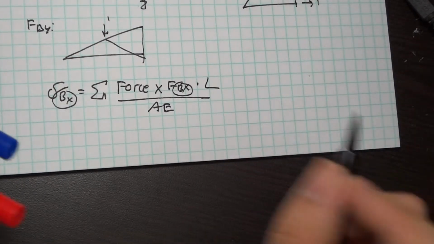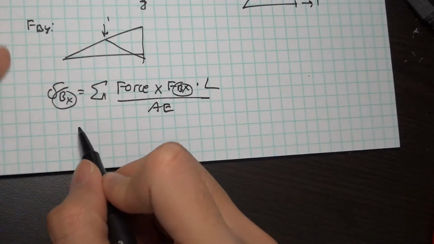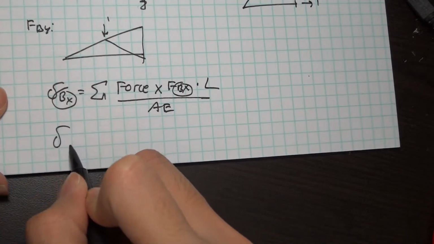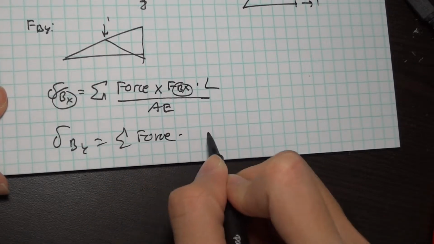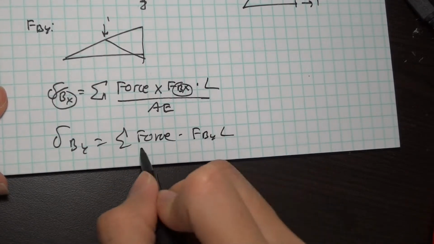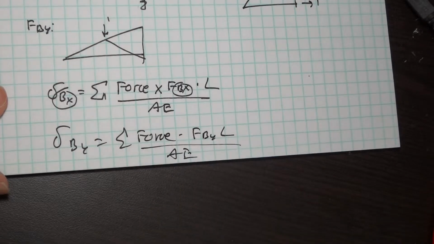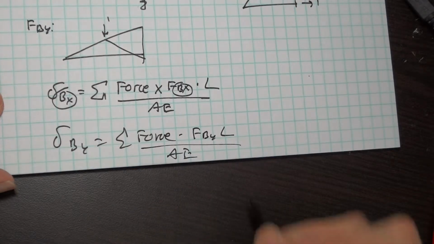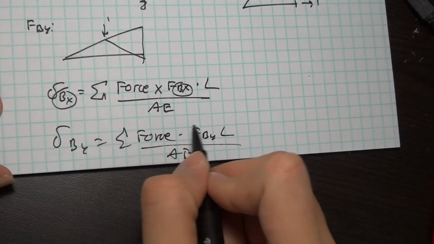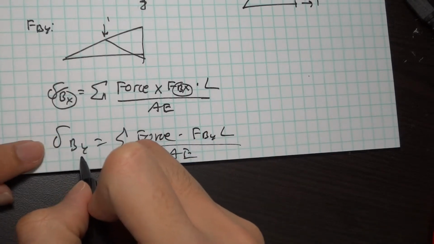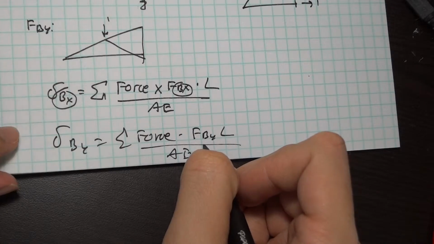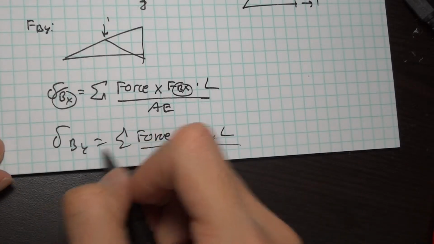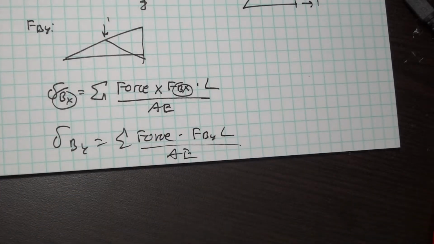But delta by would be the same thing: FBY LAE. So you're just replacing whatever subscript you have here and using the force there. So for your delta by, you're using FBY. I hope I ground that in well enough.